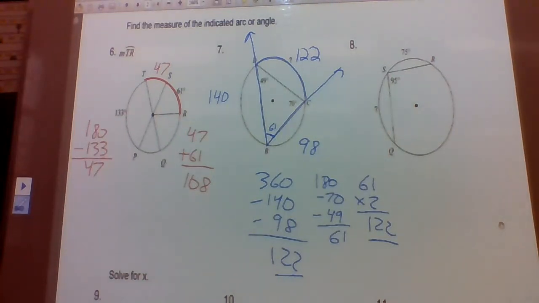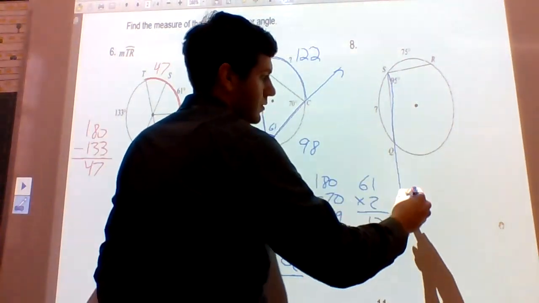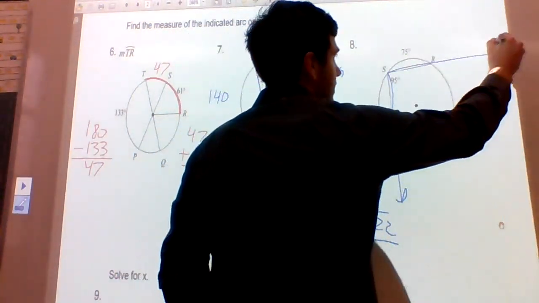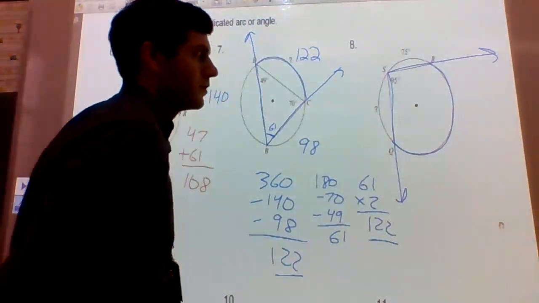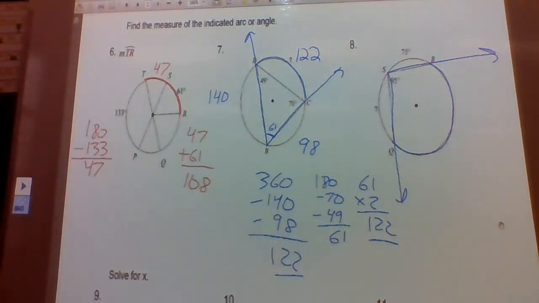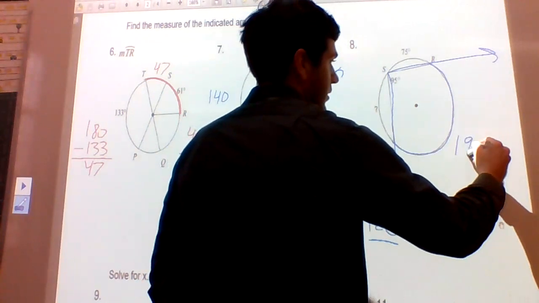Third one here. So again, it's an inscribed angle. Angle QSR is an inscribed angle. So here's our inscribed angle. So the measure of arc QR is twice the measure of the inscribed angle. So 95 times 2 is 190. Okay.